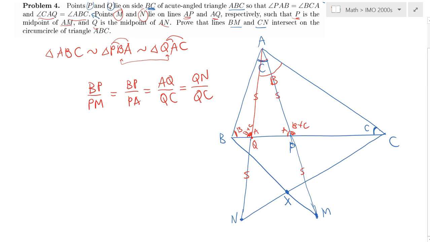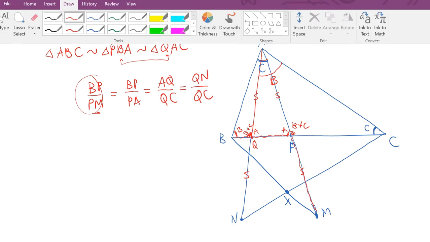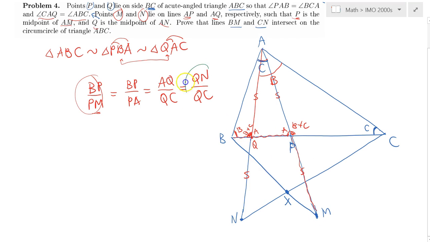So we have gotten a relationship between BP this side and PM this side of triangle BPM, and also between the sides QN and QC of triangle NQC. So all that remains is to also observe that these two angles are both equal, by vertical angles, to B plus C, both of them.